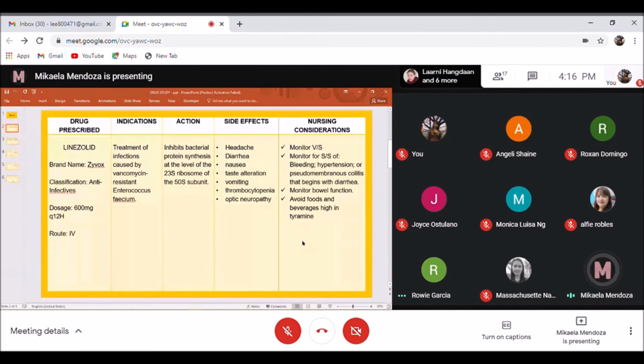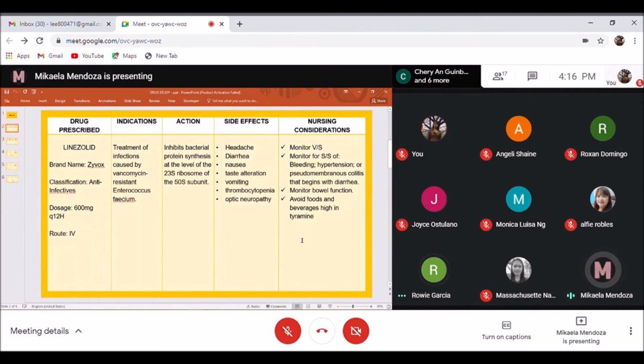It is a treatment of infections caused by vancomycin-resistant Enterococcus faecium. It inhibits bacterial protein synthesis at the level of the 23S ribosome of the 50S subunit. Side effects are headache, diarrhea, nausea, taste alteration, vomiting, thrombocytopenia, and optic neuropathy.